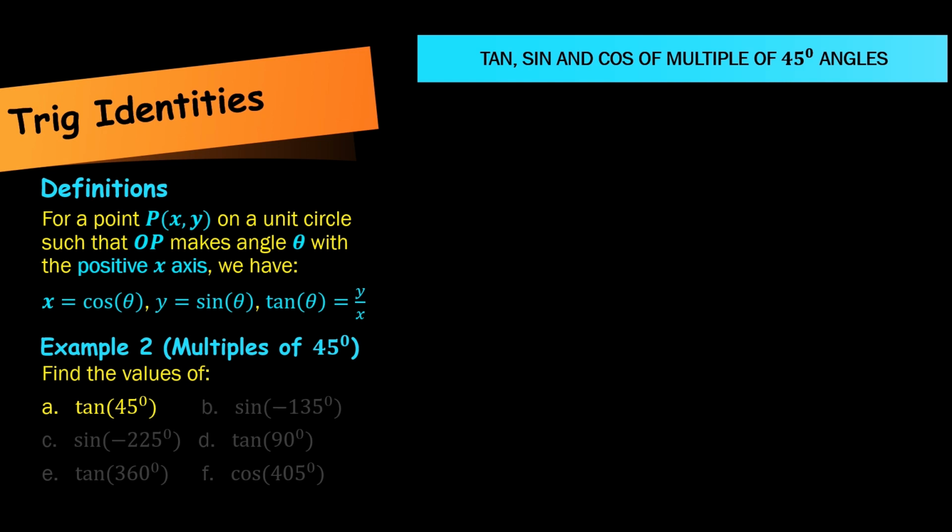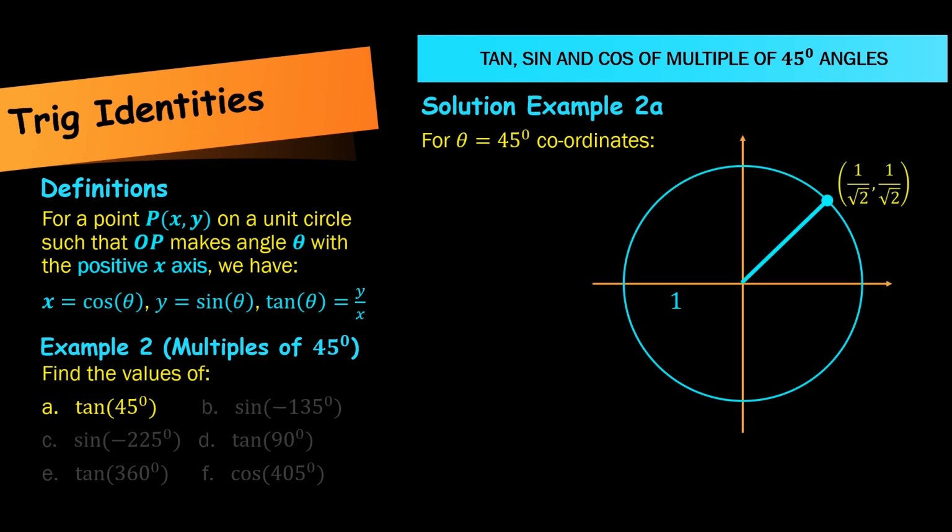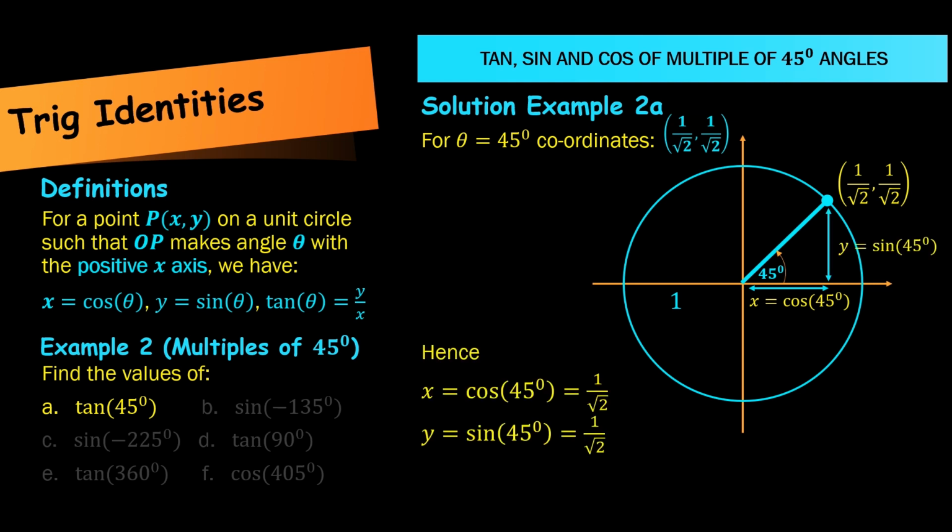So now let's calculate part A, tan 45 degrees. For theta equal to 45 degrees, we're considering the coordinates 1 over root 2, 1 over root 2 in the unit circle. And therefore, cos 45 degrees is 1 over root 2, y equals sine 45 degrees is also 1 over root 2.